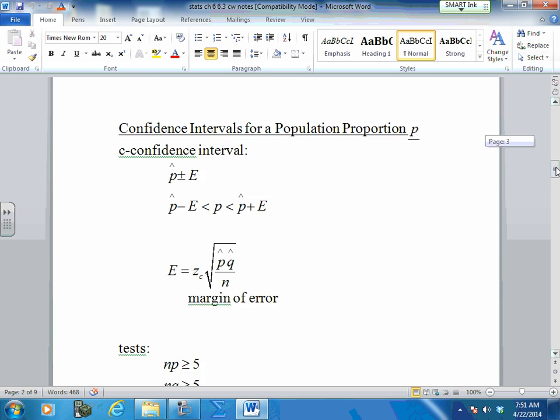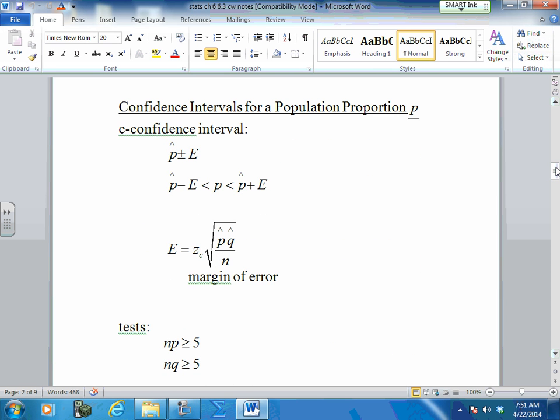Okay. Now, to build your confidence interval, it's the same as you did with your mean. Your mean point estimate was this, and you did this. So now, for proportion, this is your point estimate, right here. So therefore, you build your confidence interval based on your point estimate, plus or minus the margin of error. So again, you do the proportion minus the margin of error.